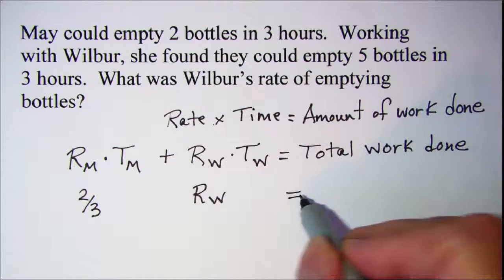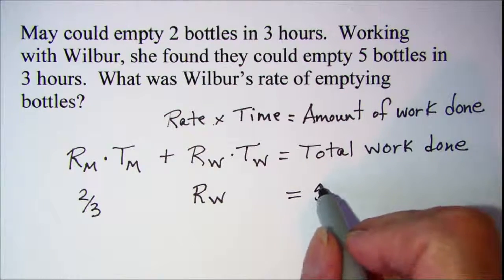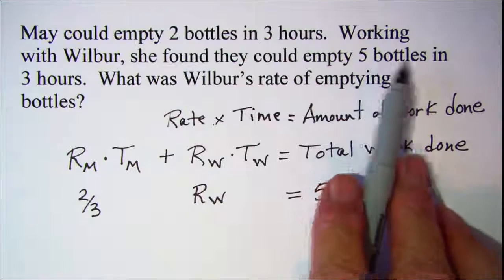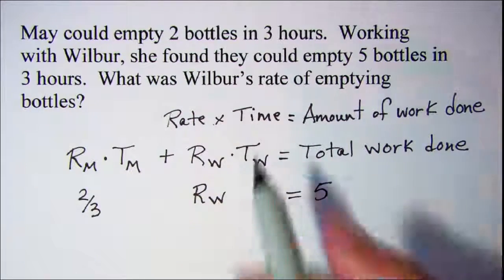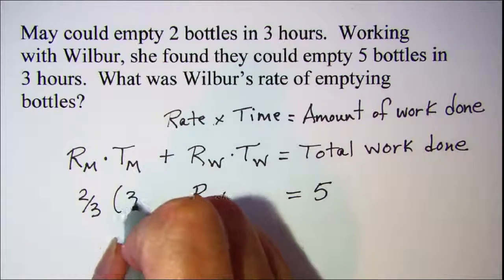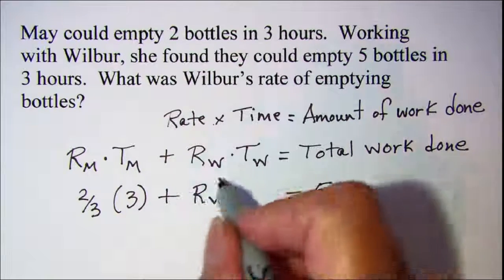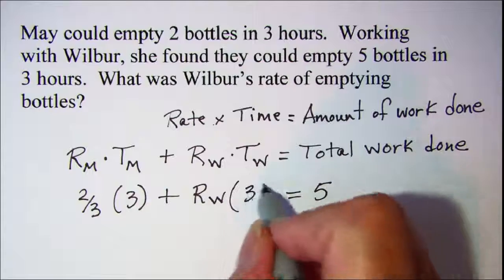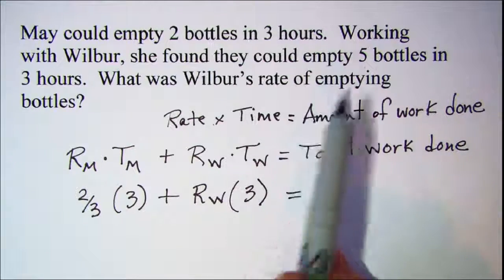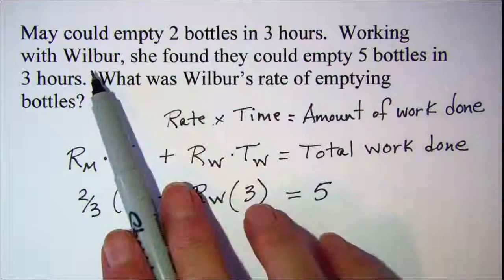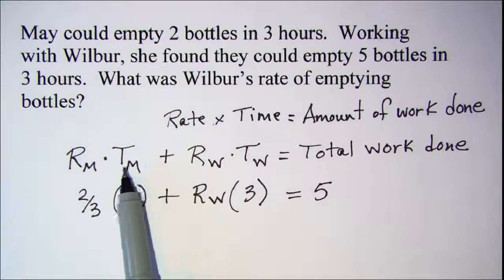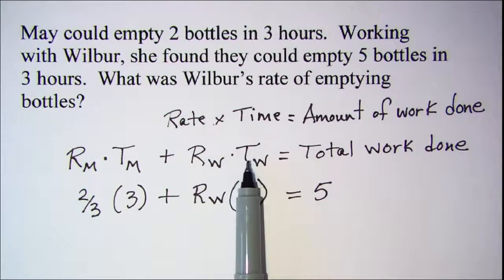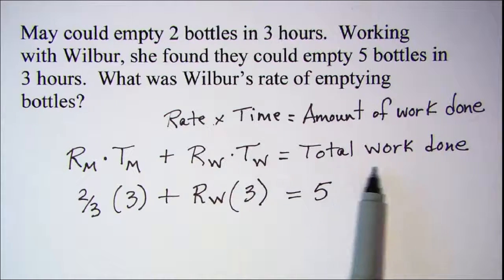So that's going to go over here on the right side. And they did that work in 3 hours. And so they both worked for 3 hours. So be very careful. If you're told some information about them working together, that gives you information about their time working together and their total work done.